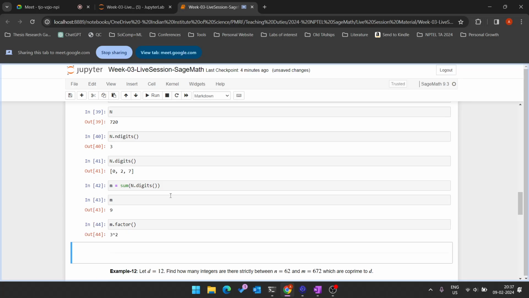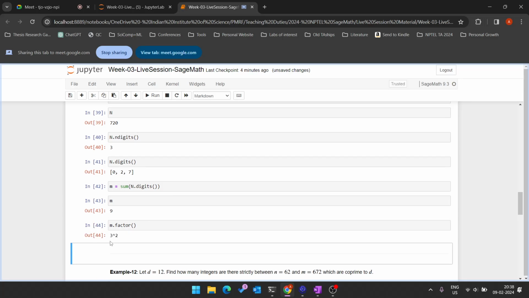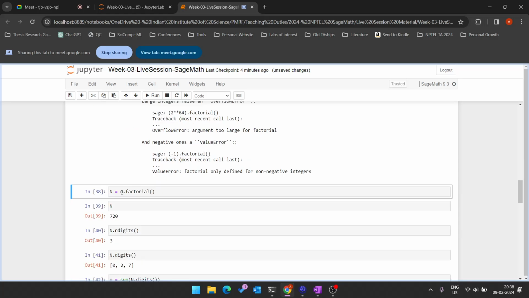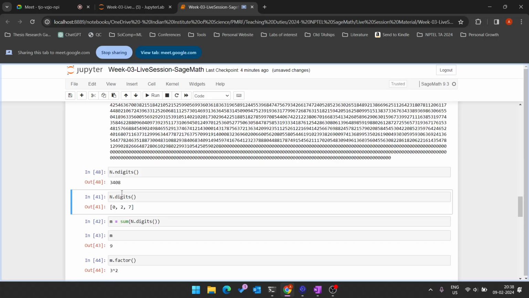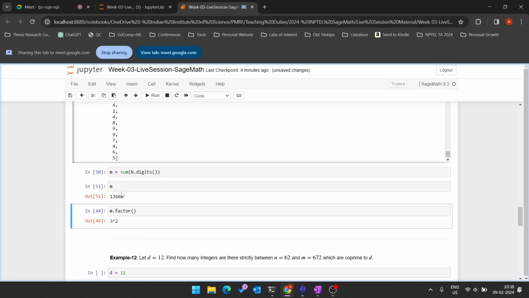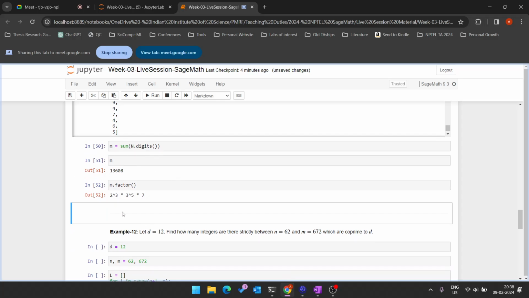And the factors of 9 are 3 into 3, so 3 square. For the question asked, we just change it to 1275. Again, go through this process. 3,408 digits. The sum is 13,608. Those factors are 2 cube into 3 raised to 5 into 7. So this is how the factorization looks like.